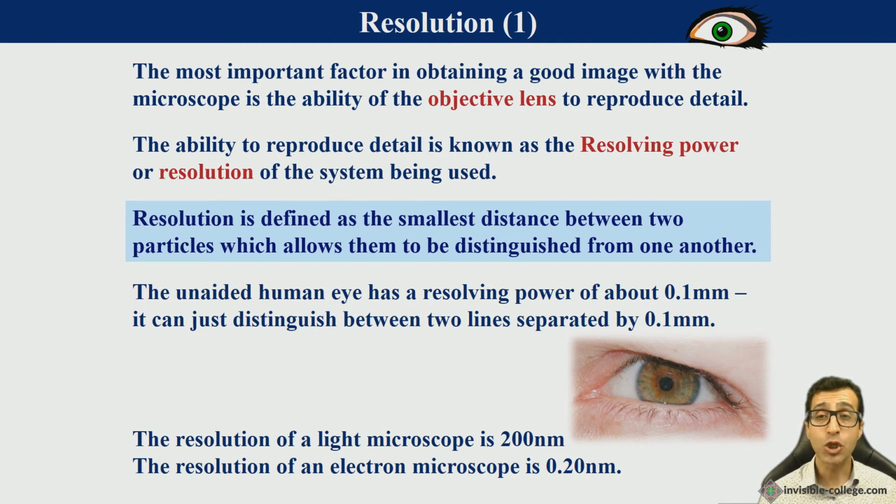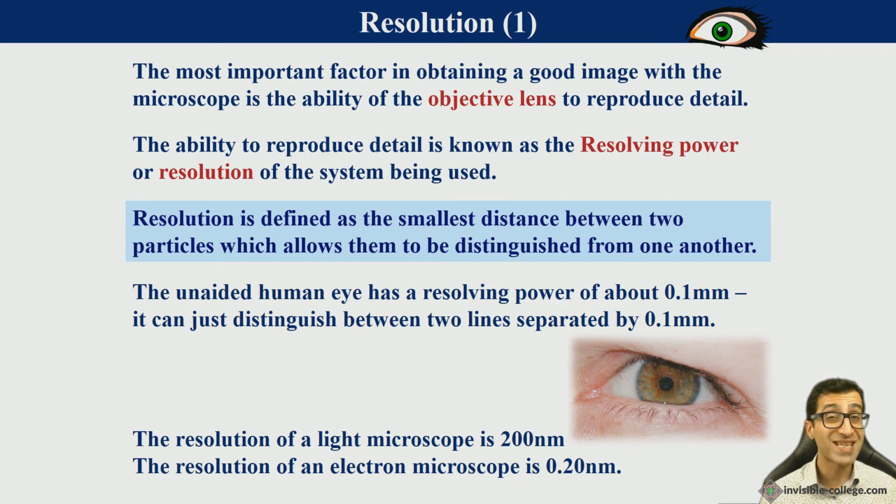Now the unaided human eye has a resolving power of about 0.1 millimeters on average. So in other words, your eye, with no magnifying aid of a microscope or any other instrument, can distinguish between two lines or two dots separated by 0.1 millimeters as being two distinct objects. But the resolving power of a light microscope is much higher than that.